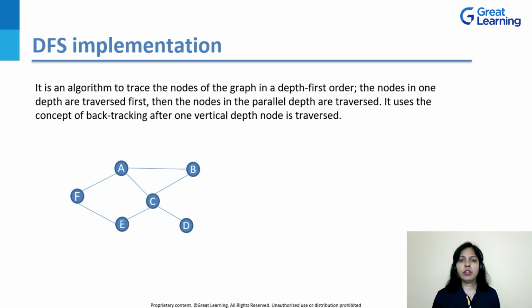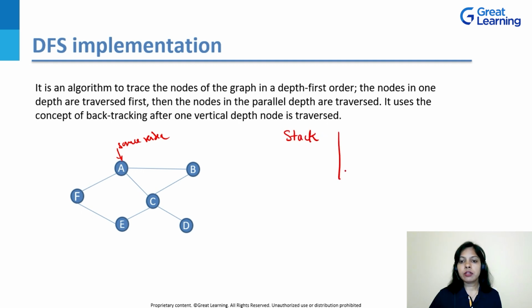Now what exactly is the meaning of this depth first order? Let's try to understand with the help of this example here. So A, B, C, D, E, and F, this is the graph. When I say depth first, suppose this is your source vertex. I'll tell you the data structure which is used to implement this, and that is a stack.